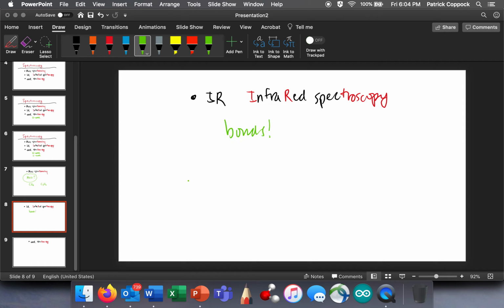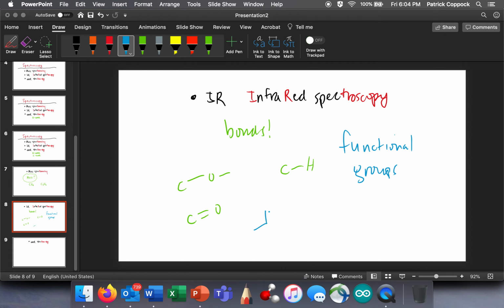For example, a carbon-oxygen bond is going to give us a different signal than a carbon-hydrogen bond. And a carbon-oxygen single bond is going to give us a different signal than a carbon-oxygen double bond, okay? So this is what we're going to differentiate with IR. Oftentimes people will say that we are going to identify functional groups with IR, and you can see why, right?